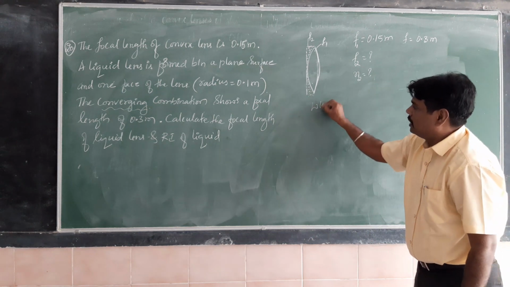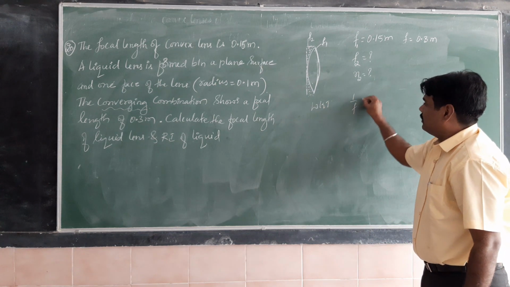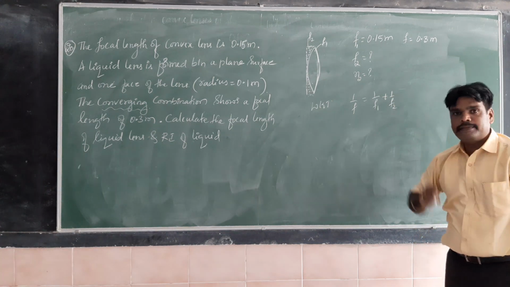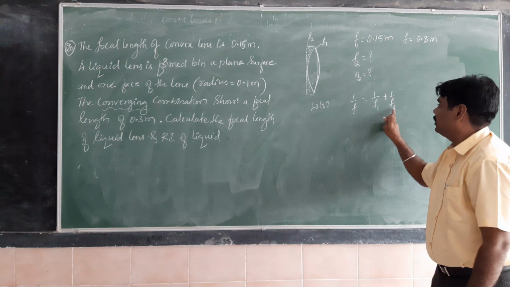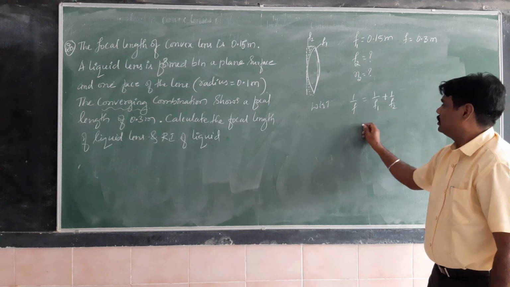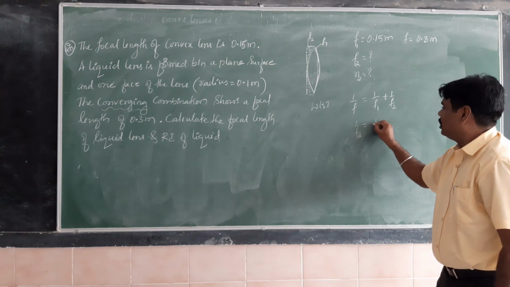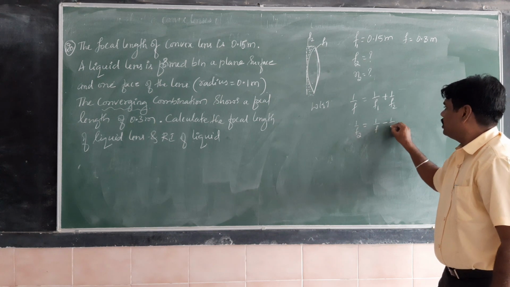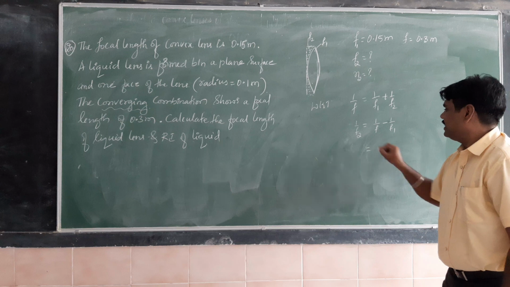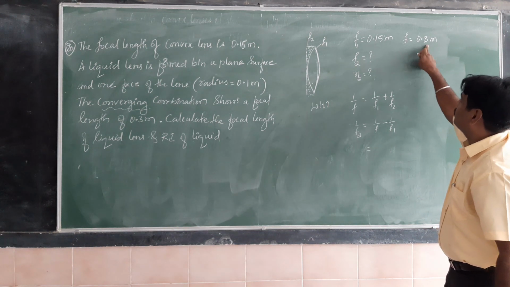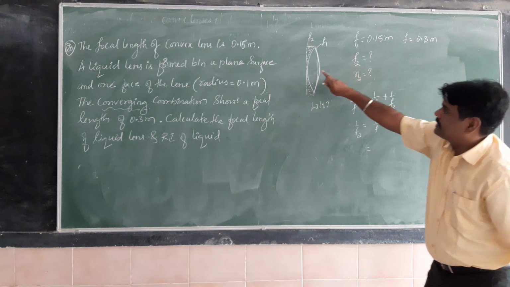So we know there is a formula: 1 by f is equal to 1 by f1 plus 1 by f2. Use this formula to calculate f2. f1 is given, f is given. Then the formula can be simplified as 1 by f2 is equal to 1 by f minus 1 by f1. F is positive, and f1 is also positive because this is a convex lens.